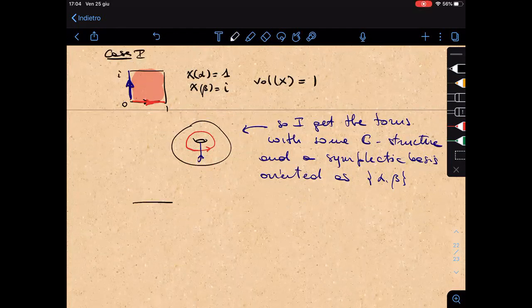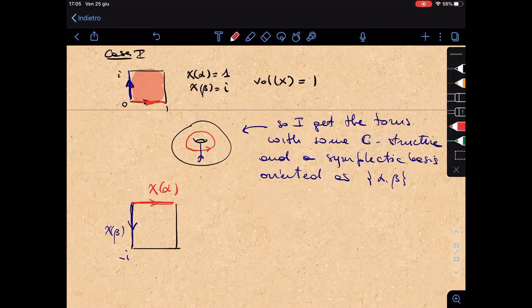square. So this chi alpha and this chi beta. So here I have minus i, and here I have 1.